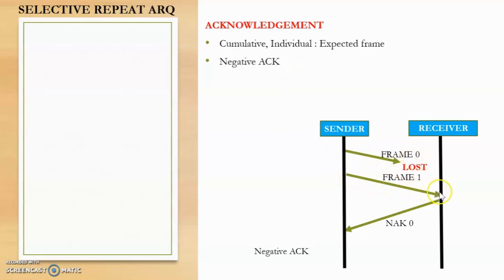Then when the receiver receives the next frame, that is frame number 1, it will know that frame 0 is not received, as the expected frame number will not match with the frame that is received. So in this case, it will send a negative acknowledgement for frame 0, which will inform the sender that frame 0 is not received.